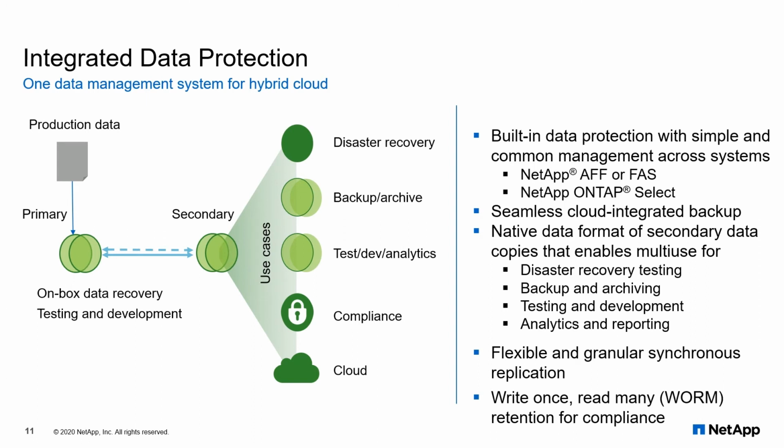This is through the optional extra SnapMirror Cloud feature. SnapMirror and the other data protection tools can be used for disaster recovery testing, backup and archiving, test and development, or analytics and reporting. For compliance use cases, the optional extra SnapLock software enables WORM-type functionality.